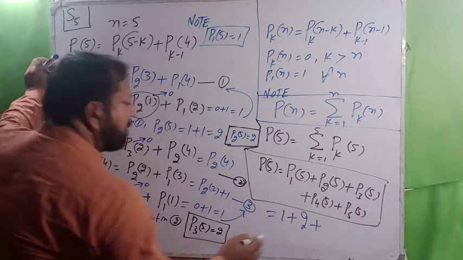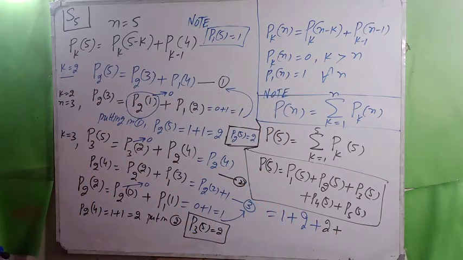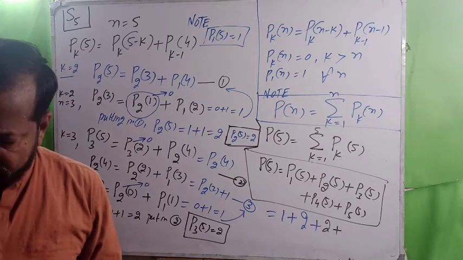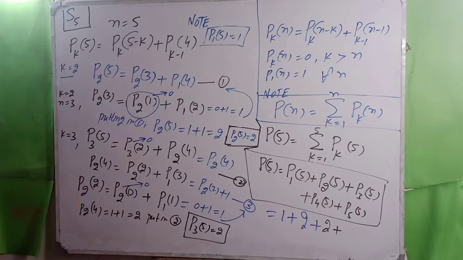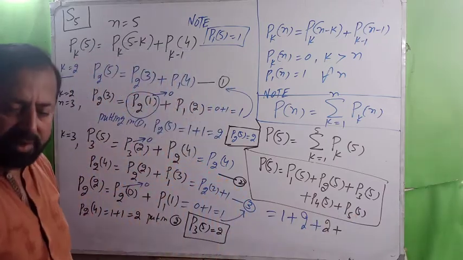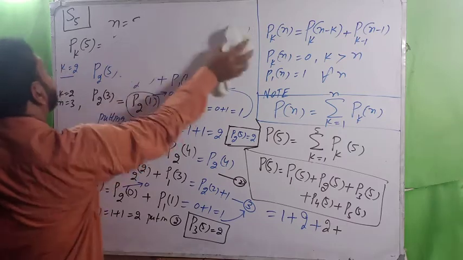Yes, P3,5 is equal to 2. Then we need to know P4,5 and then P5,5. Okay, what is P?